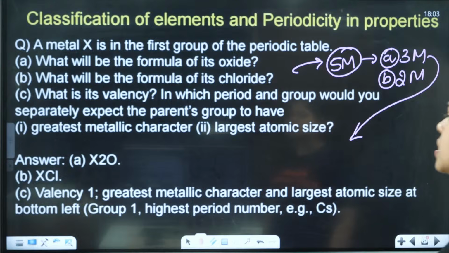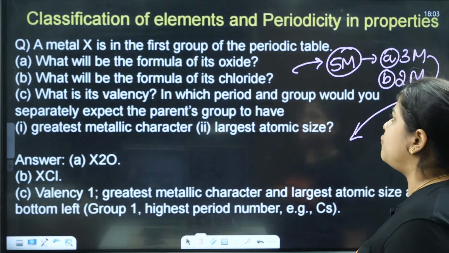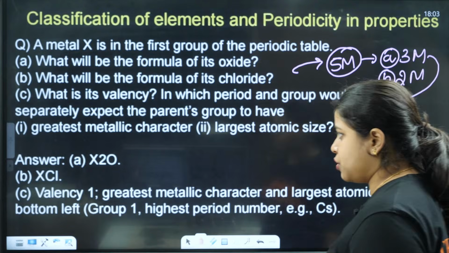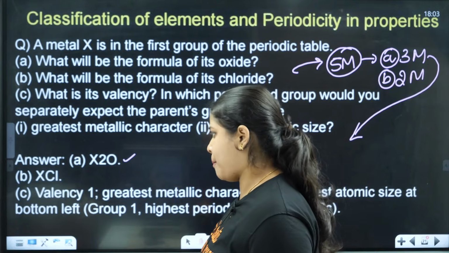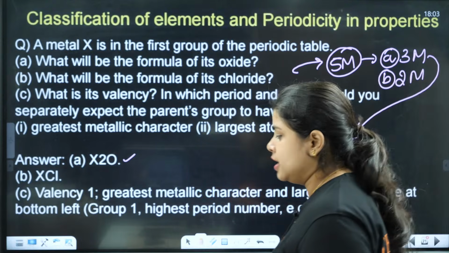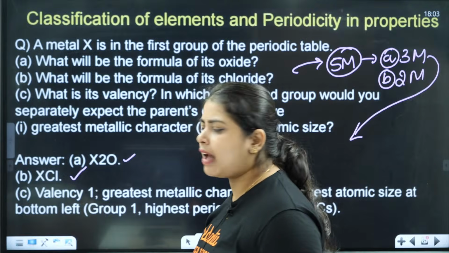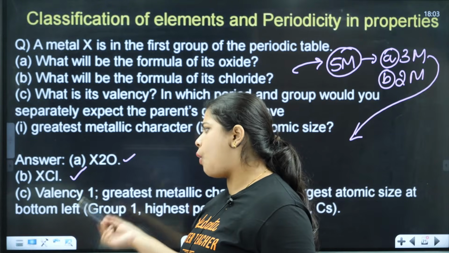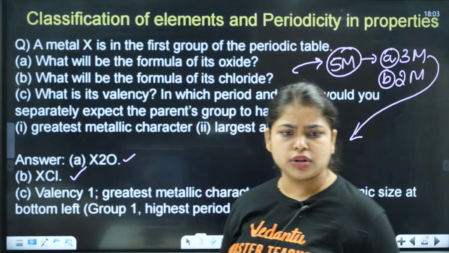Yes. So the first answer: metal X is in the first group of the periodic table, so what will be the formula of its oxide? It will be X2O. Second question: what will be the formula of its chloride? XCl. Which value can we take? Take hydrogen as an example: H2O, HCl. In this way also you can take it.